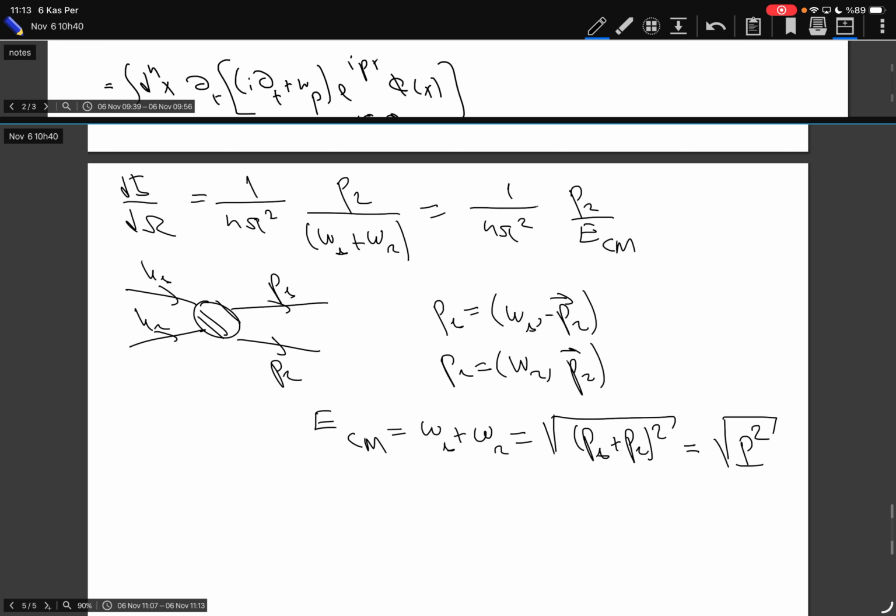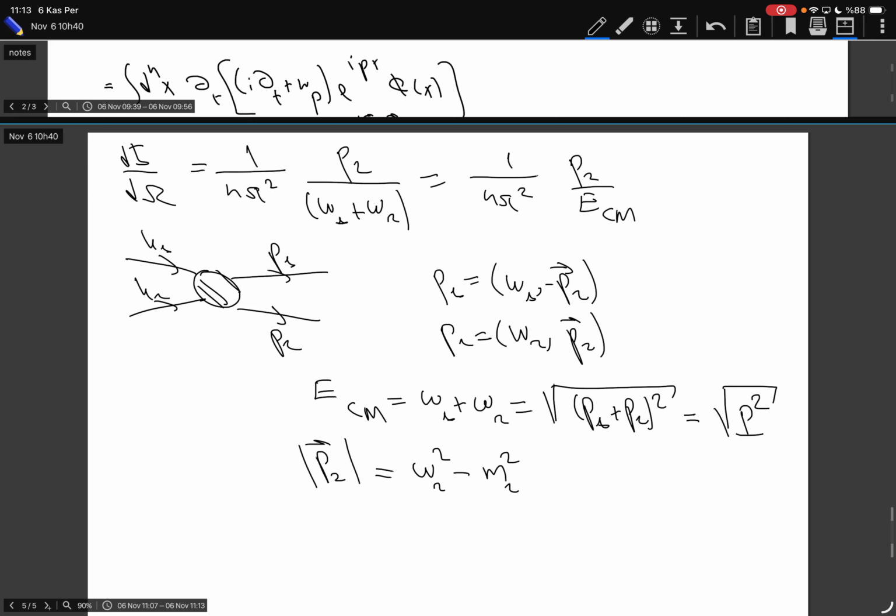P2, the magnitude of P2, I can say that this is equal to omega 2 squared minus m2 squared, because omega is mass squared plus the momentum squared. Omega 2, I can write it as capital P times P2.